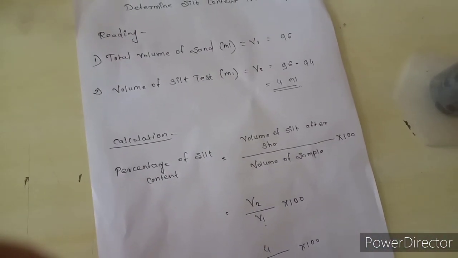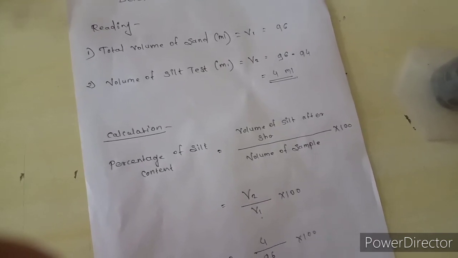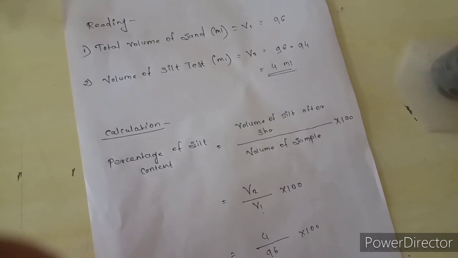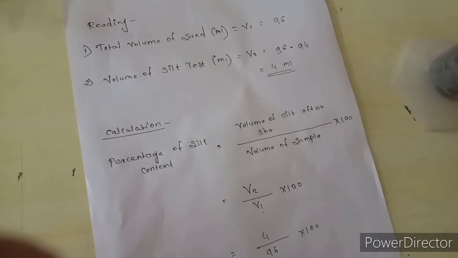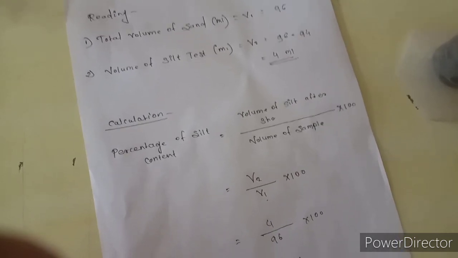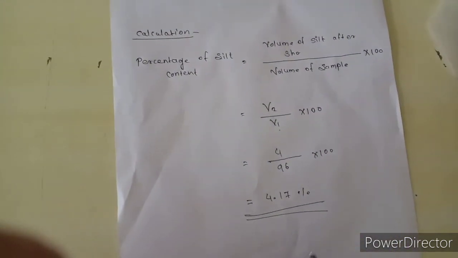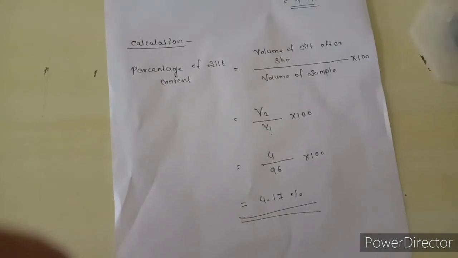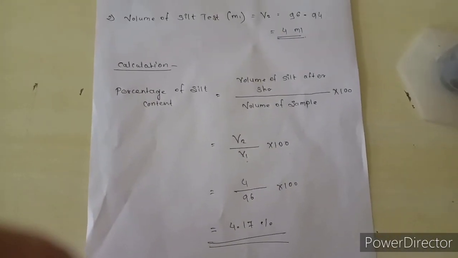So 4 divided by 96 multiplied by 100 is 4.17%. So this is our percentage of silt content. Thank you.